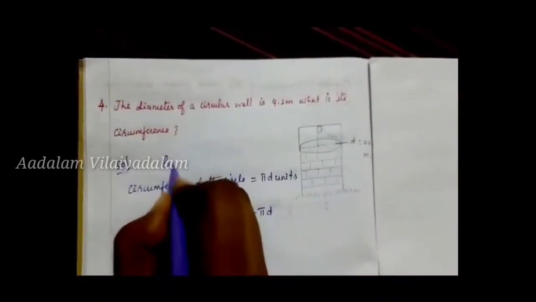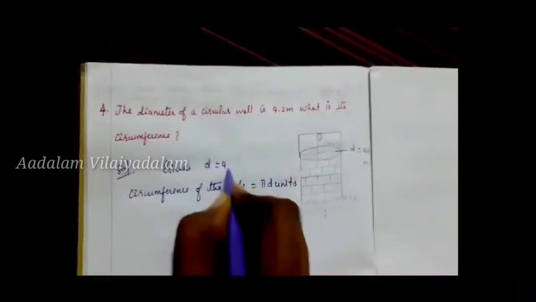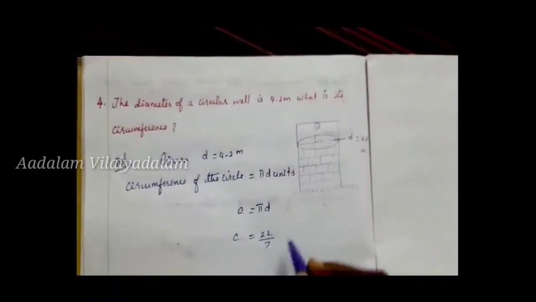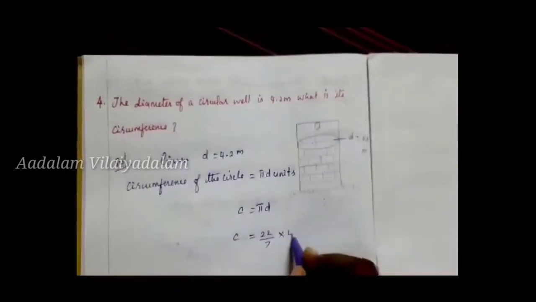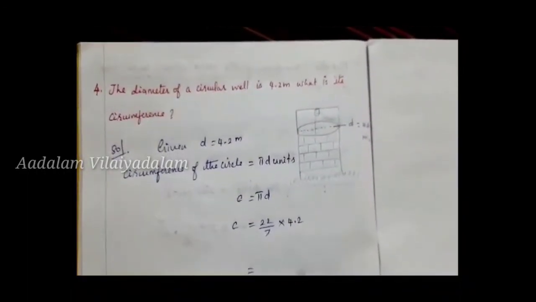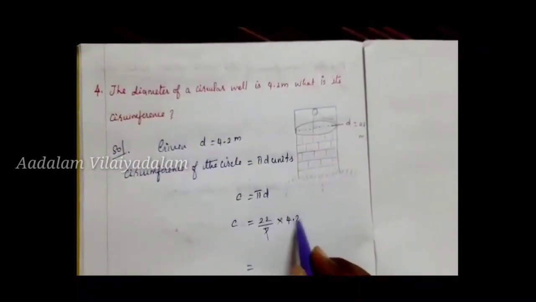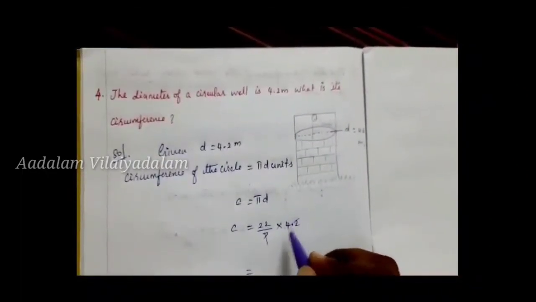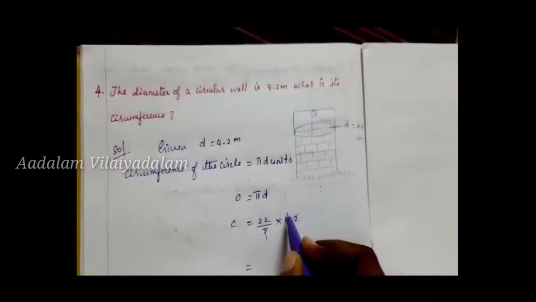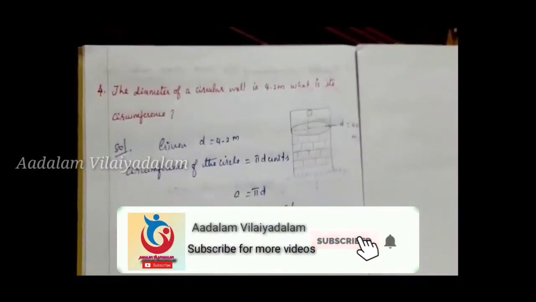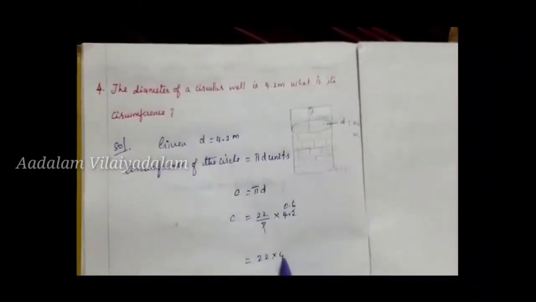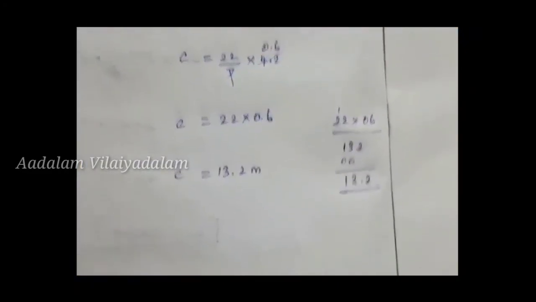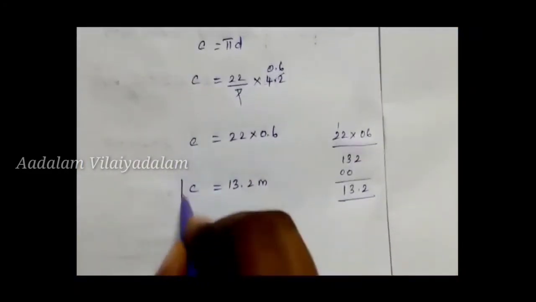Then C equal to 22 by 7 into the d value 4.2. Here if we cancel it by 7 table, then we get 6 times 7 equal to 42. Then we can write 0.6. So therefore 22 into 0.6 we get C equal to 13.2 meter.